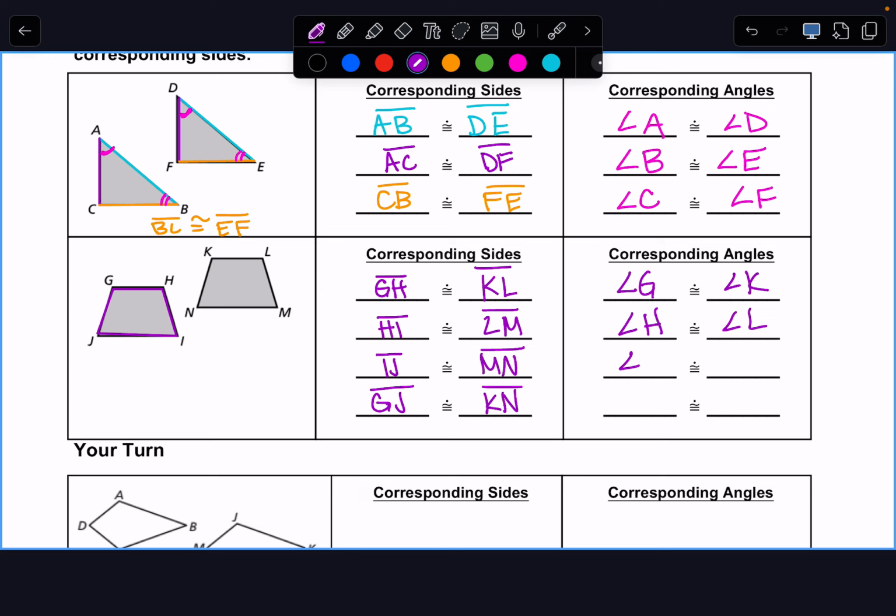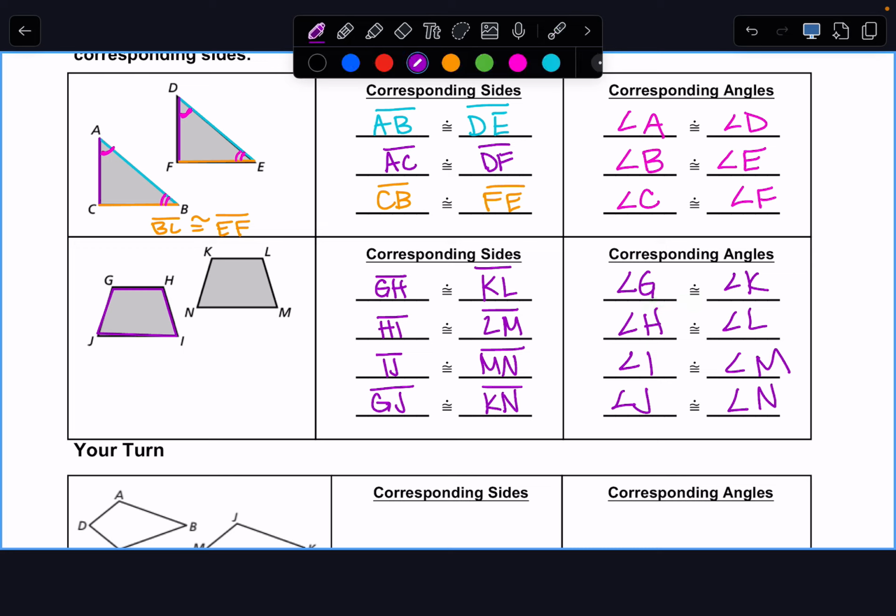Angle L. And then angle J. Okay. So since G and K are in the same spot, then their angles correspond and are congruent. Since H and L are in the same spot, then their angles correspond and are congruent.